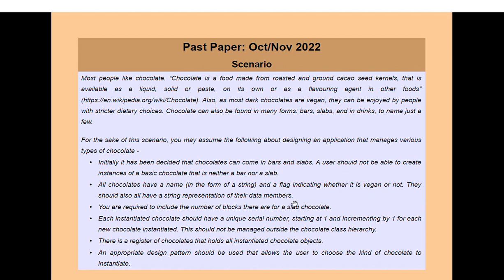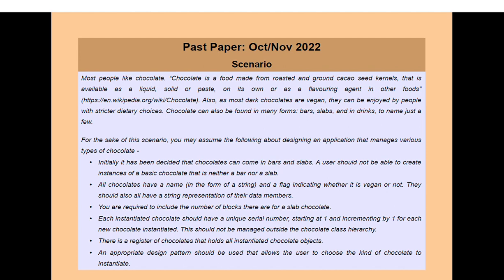Then they should also have all, note the word all, a string representation of their data members. So that means there's going to be a toString method in your base class, and that will also be carried through into the derived classes.